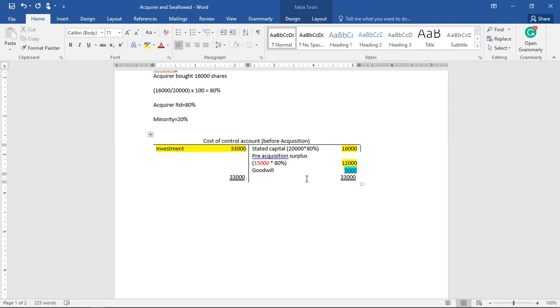5,000. So let me just look at the one you were given. So 19,000 divided by 20,000. You get how much? 95%. So 0.95 multiplied by 15,000. You get 14,250.